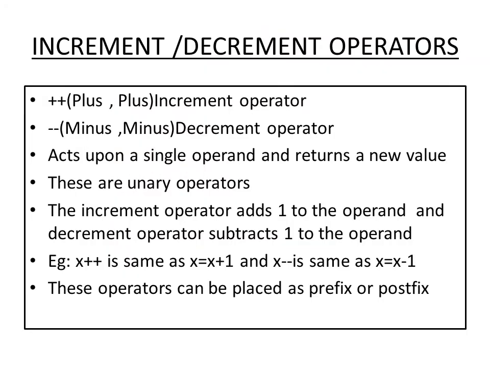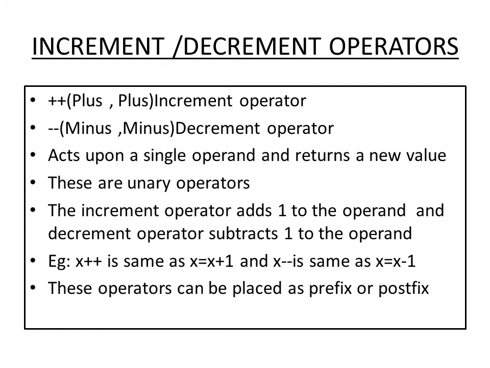Next, we are looking into increment or decrement operators. These are also arithmetic operators. Increment means plus plus, and minus minus means decrement operator. For example, if you say x plus plus, it's the same way as writing x equal to x plus 1, and x minus minus is x equal to x minus 1.